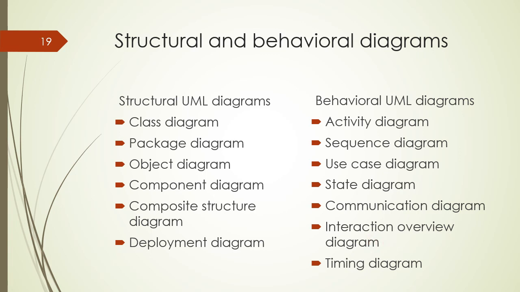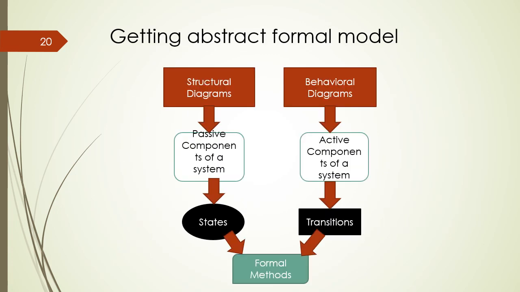So, in order to get the abstract model from these diagrams, we actually divide the diagrams into two classes. Students, the diagrams representing the structural aspect of a software actually represent the passive components of a software, and such passive components can be represented as a state of a system.